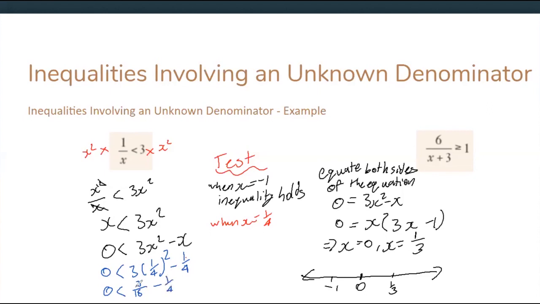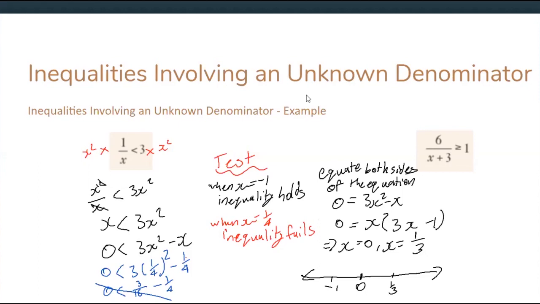But when we have our 1 over 4, we're going to change this to 4 over 16 by multiplying the top and bottom by 4. So that means when we minus 4 over 16 from our 3 over 16, we end up with a negative number, which is less than 0, which means this inequality is not true. So when x is equal to a fourth, the inequality fails. So that means that inequality doesn't hold.